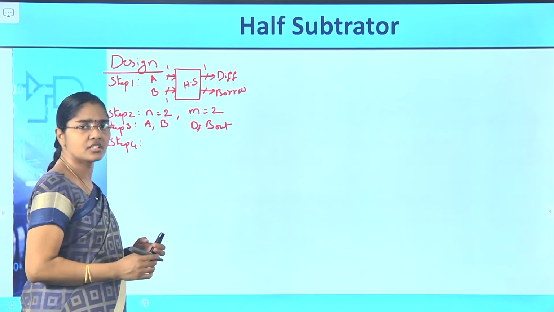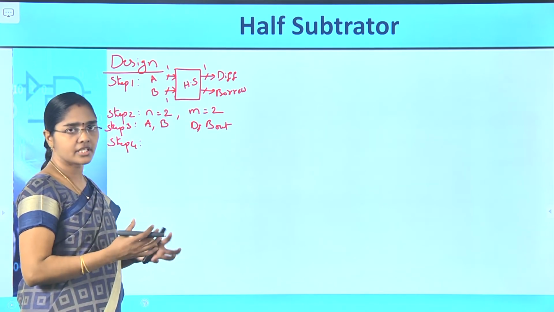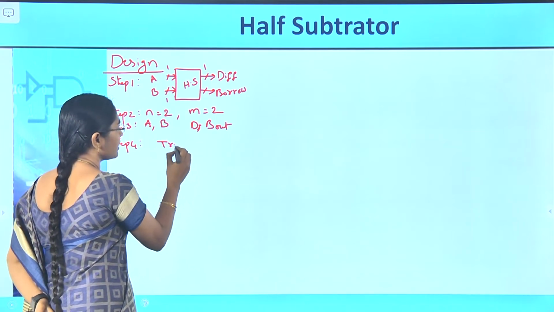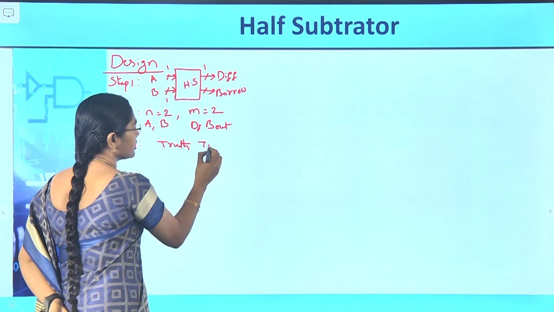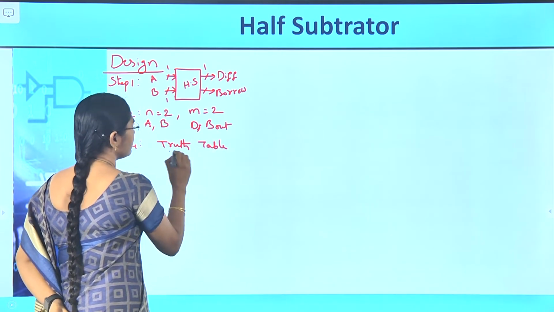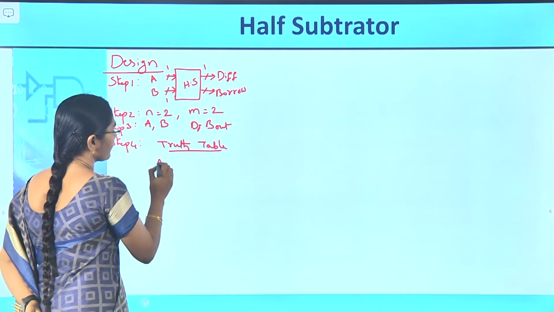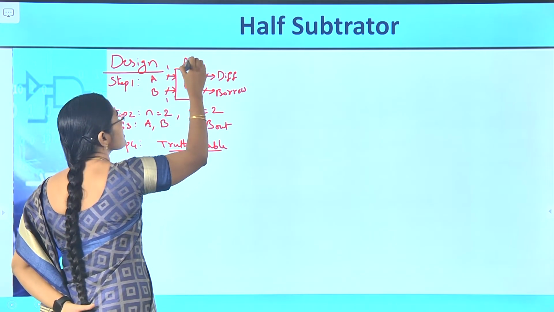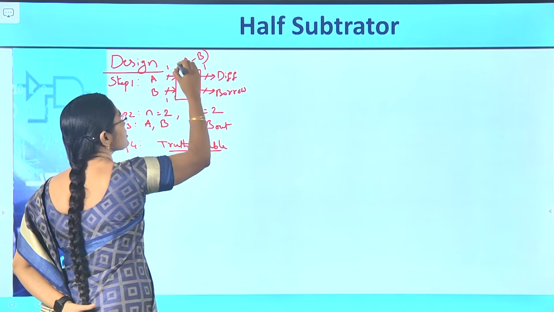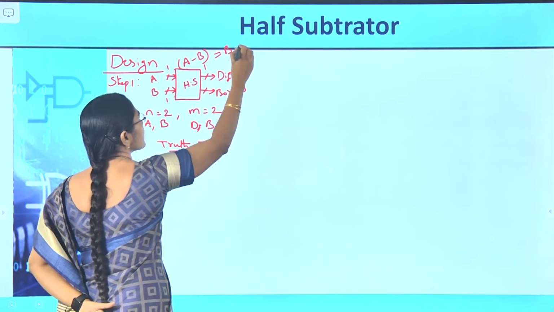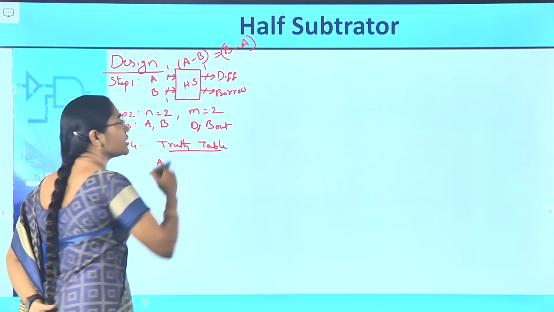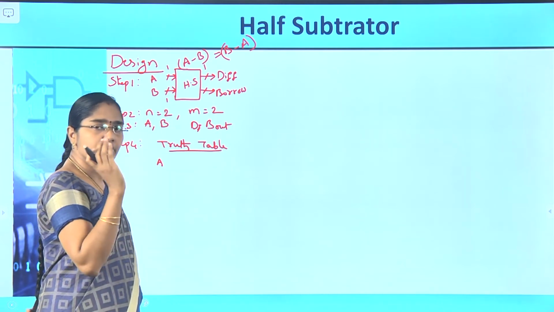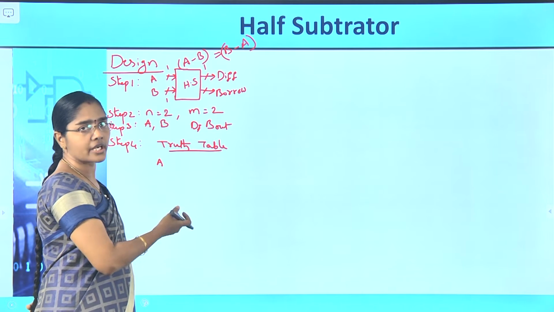Step 4 is getting the relation between inputs and outputs with the help of a truth table. Let us draw the truth table for the half subtractor. Subtraction is very important here: A minus B is not equal to B minus A. Therefore, we need to always remember which is the minuend and which is the subtrahend, and based on that we write the truth table.